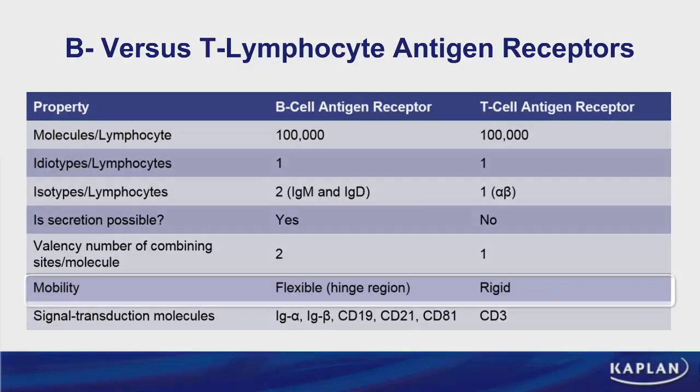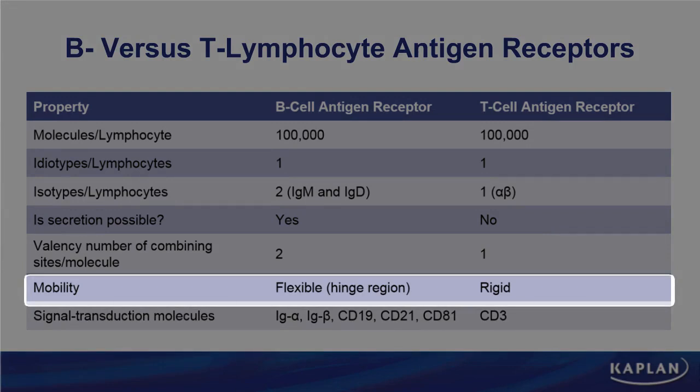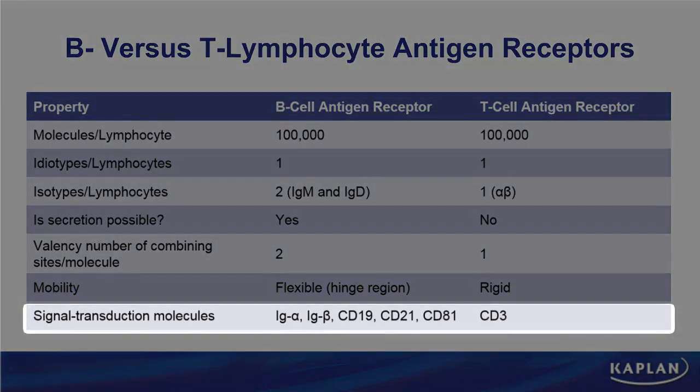And that plays into the mobility, in that B cell receptors have to have a little bit of flexibility since they can bind two antigens, and that is the hinge region, versus T cell receptors that don't need that kind of flexibility, so they are in fact very rigid. And finally, the signal transduction molecules for the B cell receptor: we talked about Ig alpha and Ig beta, and we also talked about the co-receptor CD19, CD21, and CD81.